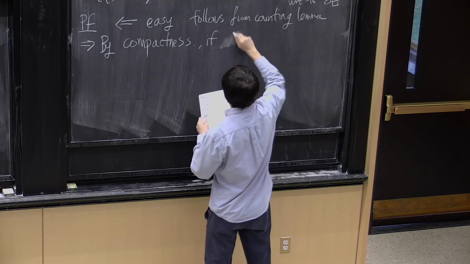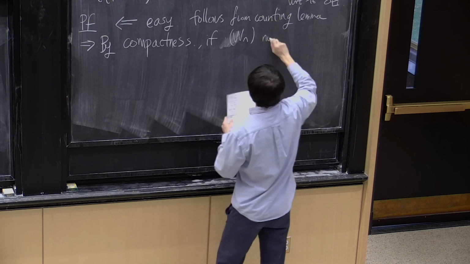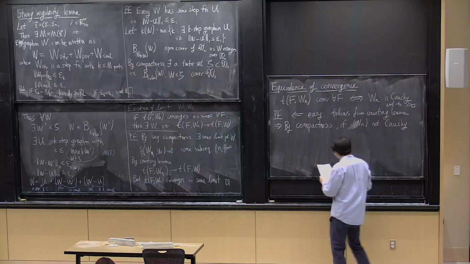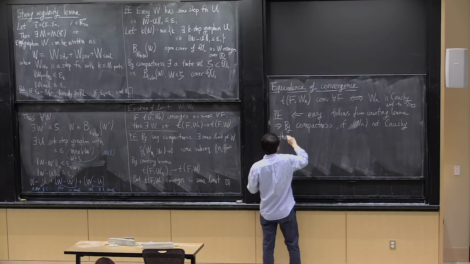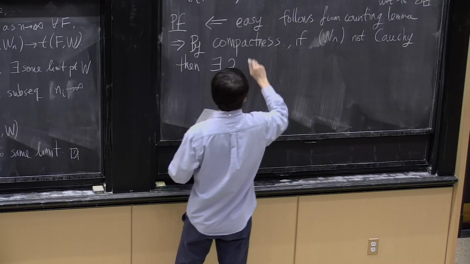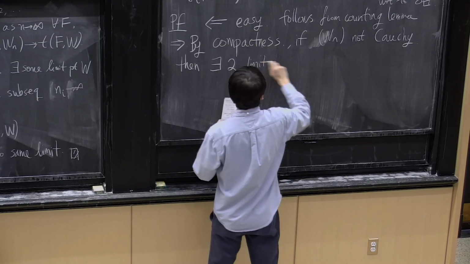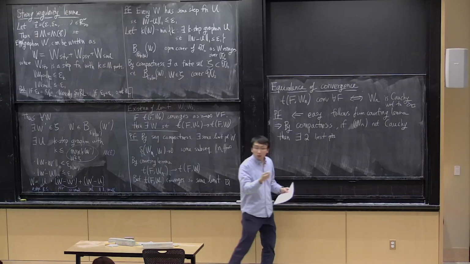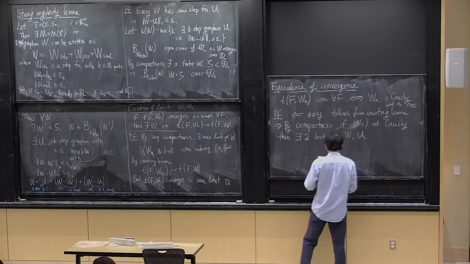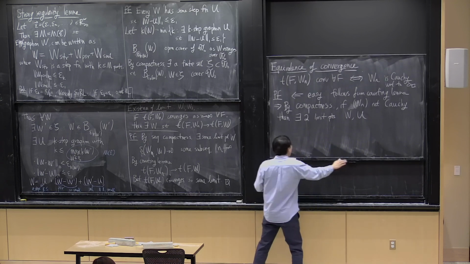If the sequence is not Cauchy, then there exist two limit points. Okay, so there exist at least two distinct limit points, and call them U and W.